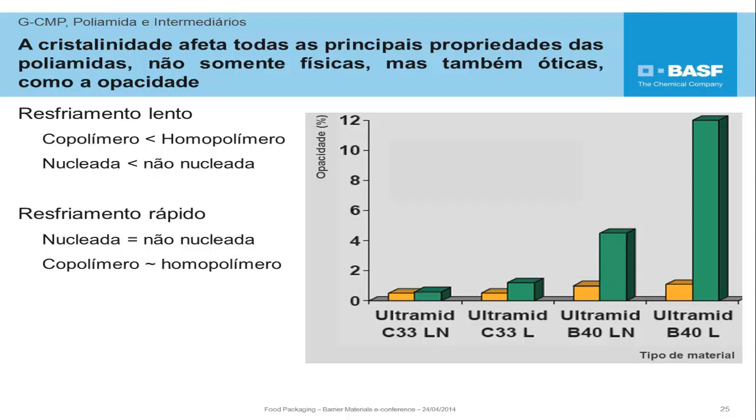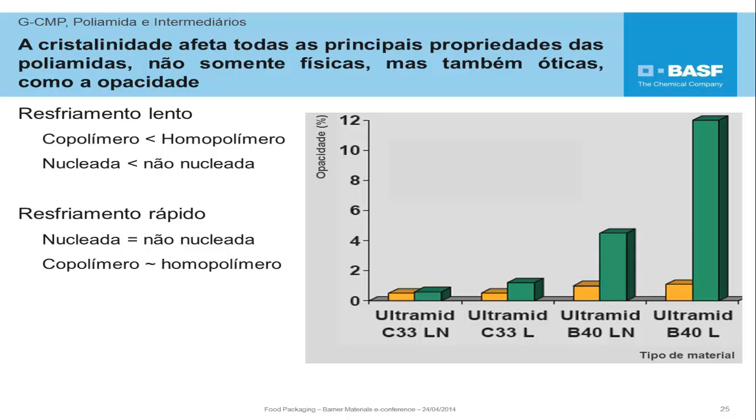In that way, there's less development in the dimension of those crystals. The material is a bit less crystalline than normal for the same cooling. If you want, the material will be a little more amorphous than normal and therefore will have better optical properties and lower opacity, or more transparency.